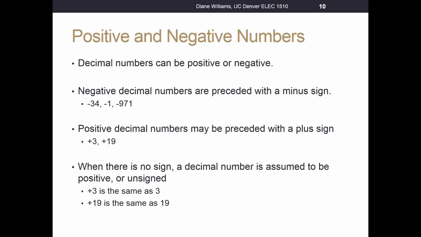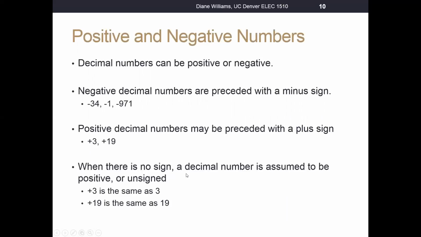Now in base 10, we know that with negative numbers, we just simply precede them with a minus sign. If I have minus 34, I know that that's negative 34. So anytime I need to indicate a number's negative, all I do is place the minus sign in front of it. Positive decimal numbers are preceded with a plus sign. So here's an example, plus 3, plus 19.